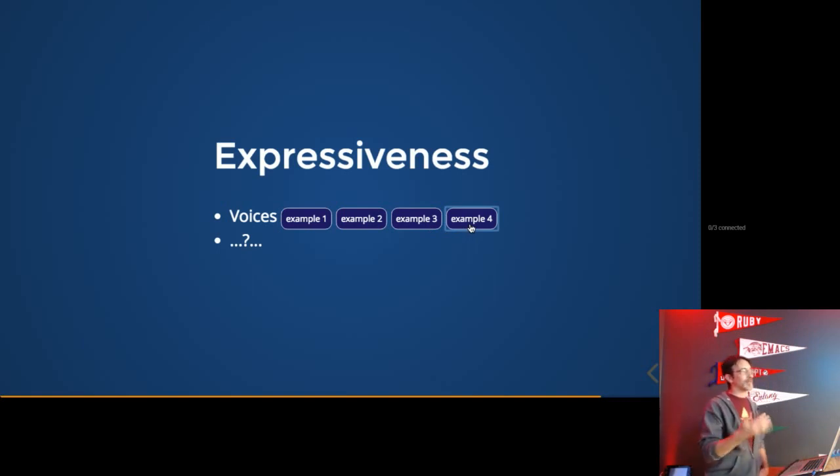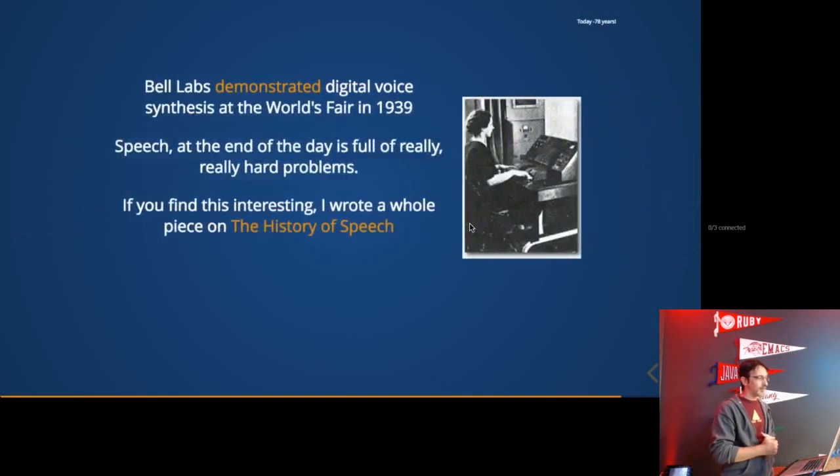You couldn't achieve those effects with just toggling those three levers we had. You couldn't achieve actual voices. So voices is one thing. And then I have a question mark here because there's more to it than just voice, pitch, rate, and volume. The VoiceXML people in the room will know. Bell Labs demonstrated digital voice synthesis for the first time at the World's Fair in 1939.